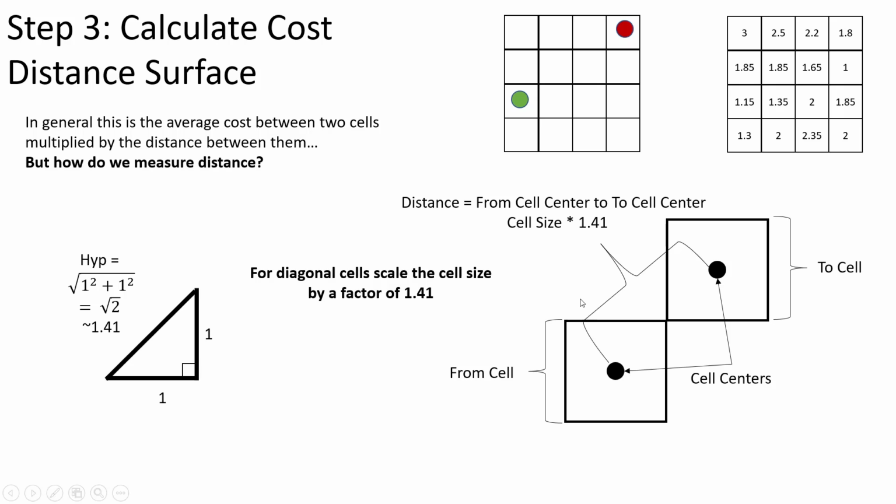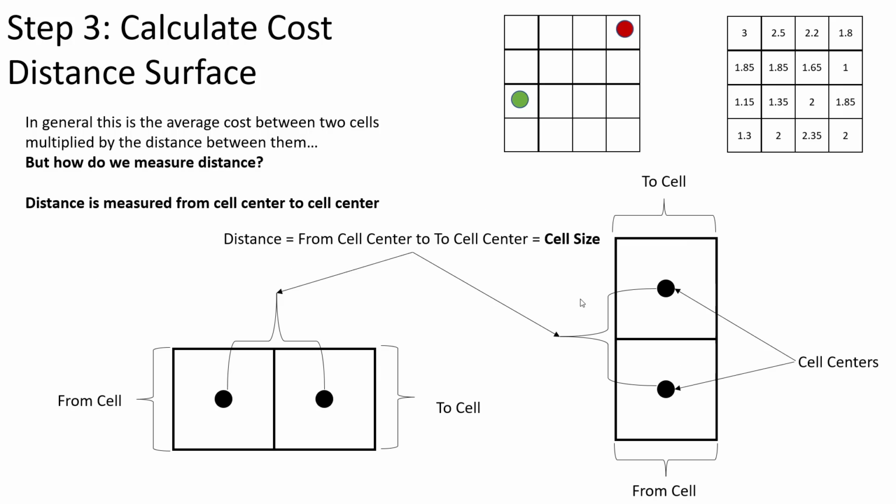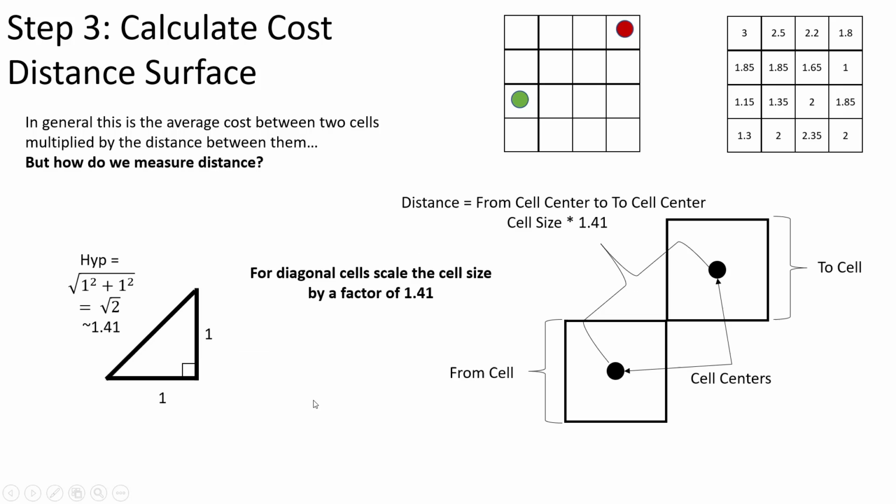Just to recap, if they're vertical or horizontal, we just take the cell size directly as our measurement of distance. If they're diagonal, then we have to apply this 1.41 scaling factor that comes from this unit triangle Pythagorean theorem, that this diagonal would be root 2.